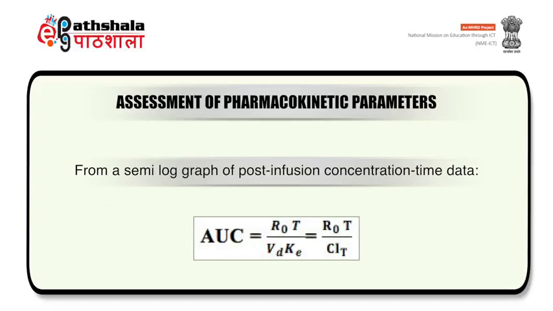Apparent volume of distribution and total systemic clearance may also be calculated from the total area under curve till the end of infusion by the equation AUC equal to R0T upon VDKE, which can be given in terms of R0T upon CLT, where CLT is the total clearance and is the product of apparent volume of distribution and elimination rate constant, that is Vd into Ke replaced by total clearance, and T is the infusion time.